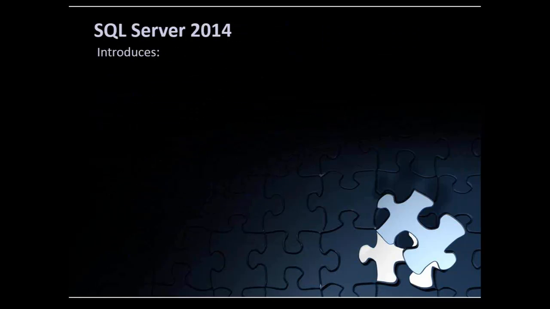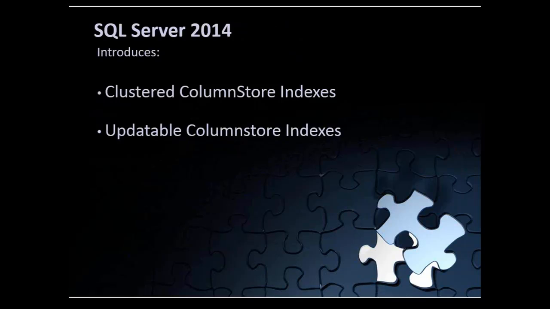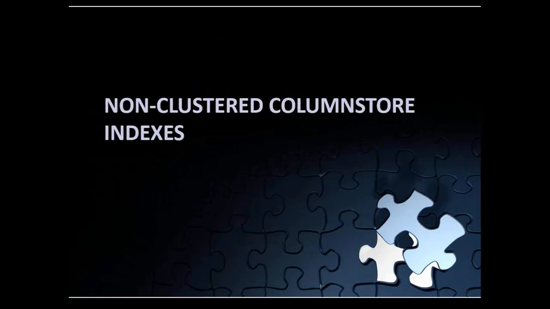So in SQL Server 2014, we're told that we now have clustered column store indexes and we have updatable column store indexes. So, wow, some of the major limitations look like they've been lifted. That's right, isn't it? Well, let's have a look.